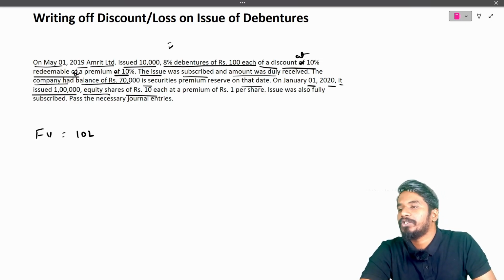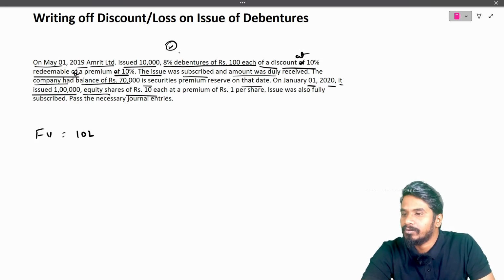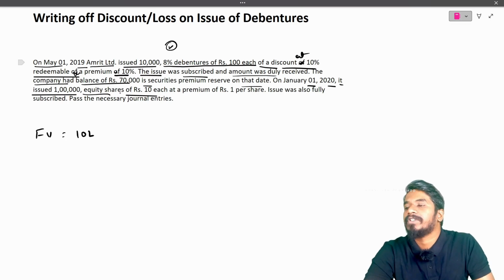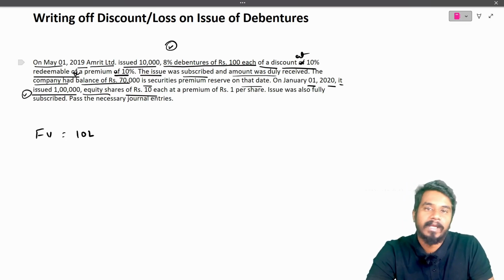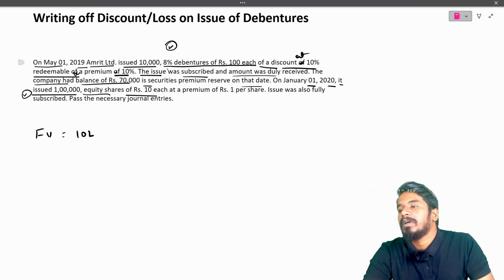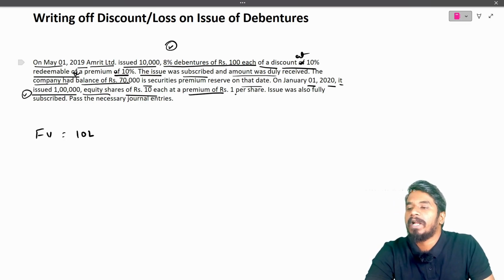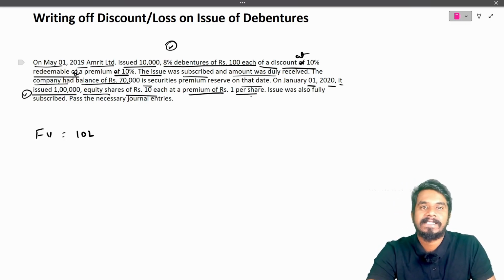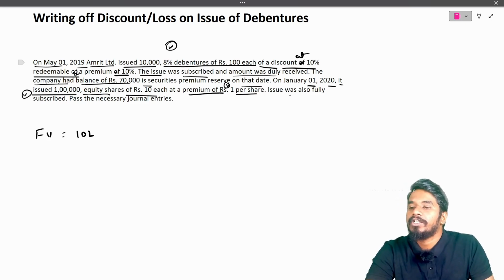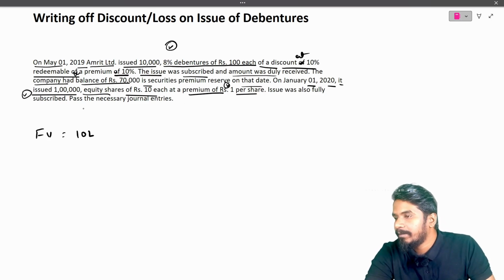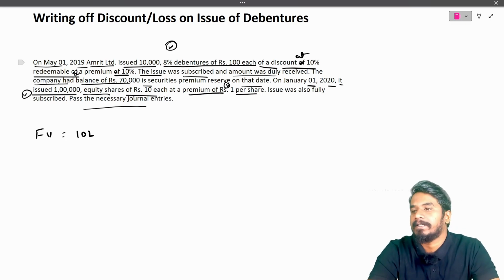So they have issued debentures also. After that, they have issued equity shares also. For this also, we need to make the journal entries. At a premium of rupees 1 per share, they are issuing shares at a premium of 1 rupee. The issue was also fully subscribed. Pass the necessary journal entries.